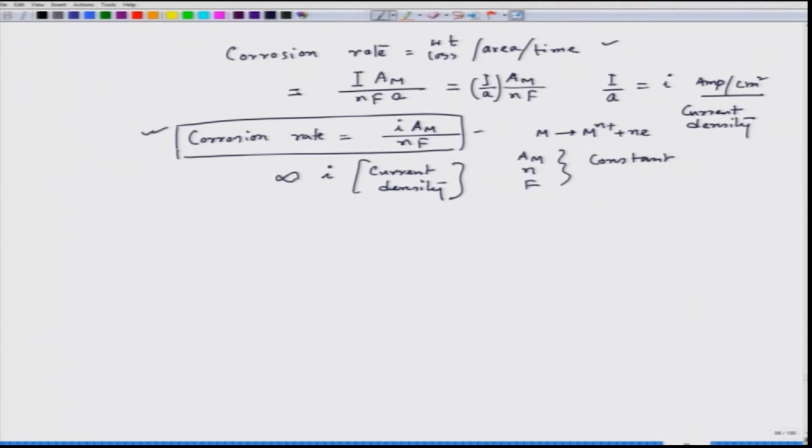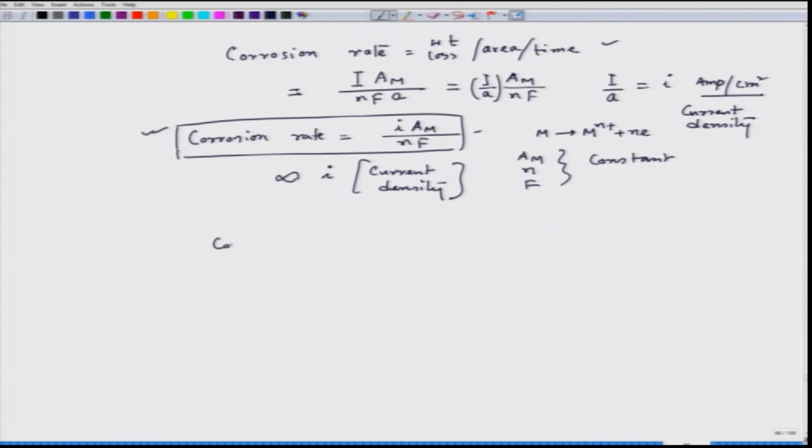So, we can convert this expression in the form of the depth penetrated per unit time by simply dividing this corrosion rate with density of that particular metal.